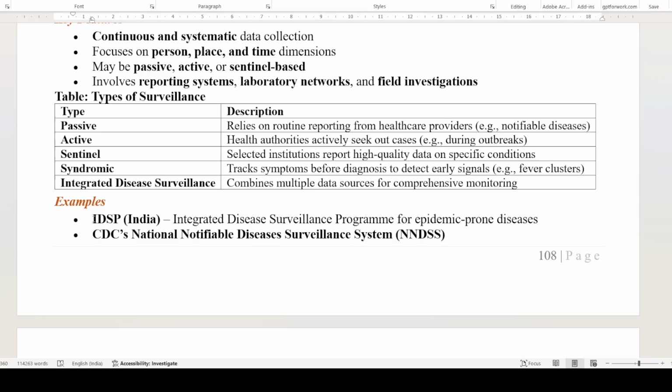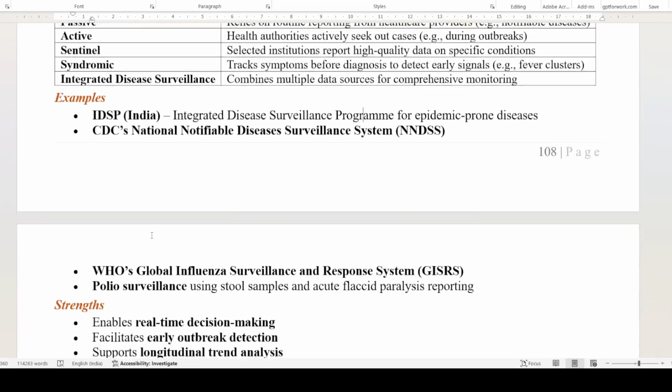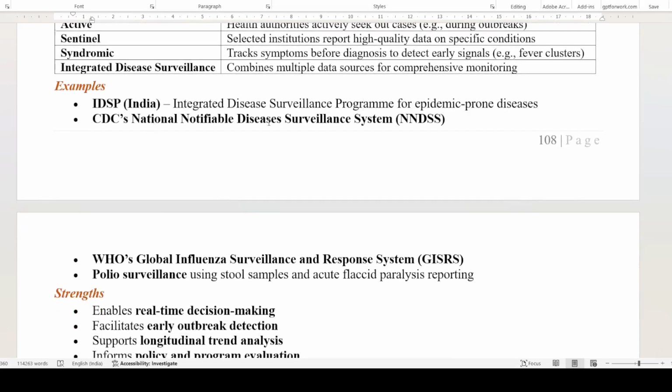This IDSP is a national integrated disease surveillance program for epidemic-prone diseases that is operating in our country. The second one is the CDC's National Notifiable Disease Surveillance System, that is NNDSS. The next one is WHO's Global Influenza Surveillance and Response System, where we are particularly tracking influenza cases.